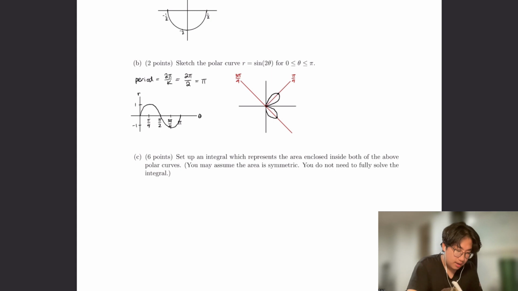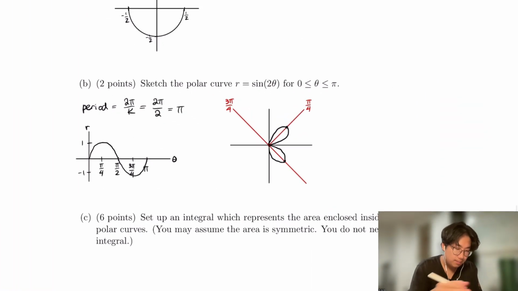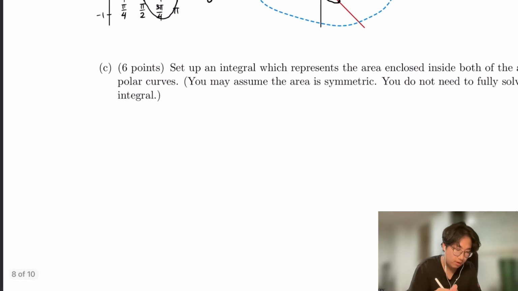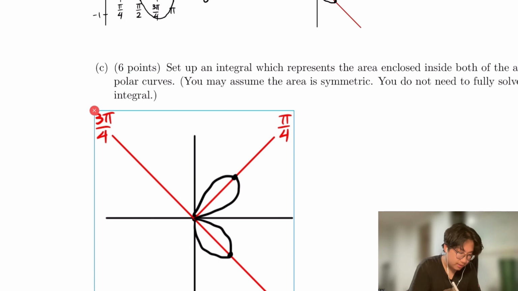Okay. This last part over here is where it gets a little tricky. It's also where I personally lost marks on the midterm, but let's get that in here. Okay, so I'm going to copy and paste these graphs together. I'll show you what it roughly looks like, and I'll enlarge it a bit. Yeah, that's better.